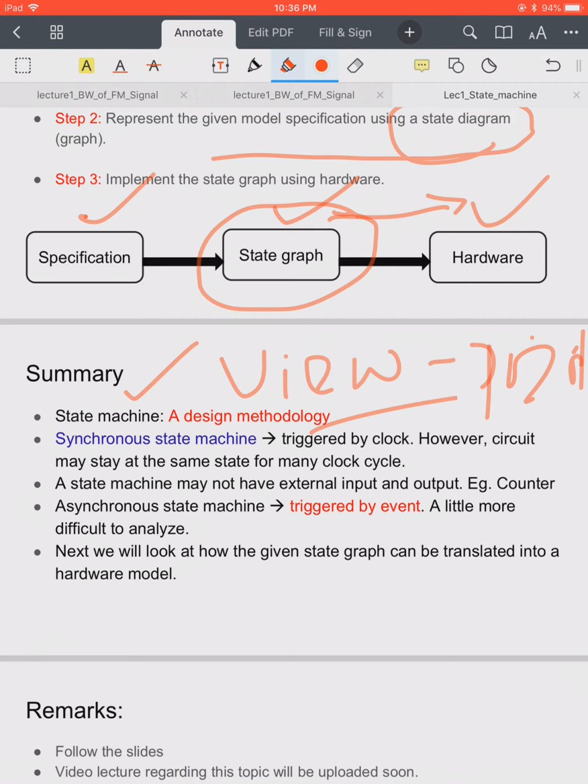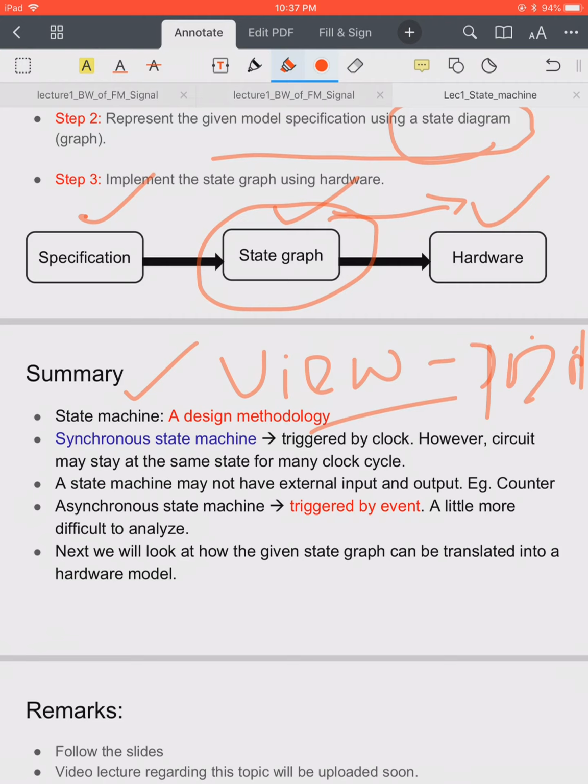Whether it is combinational or sequential doesn't matter. Particularly we'll focus on the synchronous state machine, which is triggered by clock. Each transition will be triggered by clock, which we have mainly focused on in this lecture.